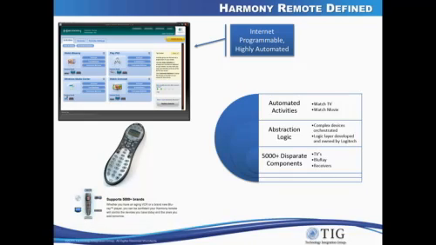So this abstraction layer would take these disparate devices and make them subservient to the run booking of each of the activity buttons and what they would do. If I click watch TV, my volume up, volume down was controlling the receiver. My channel up, channel down was going to my satellite receiver.